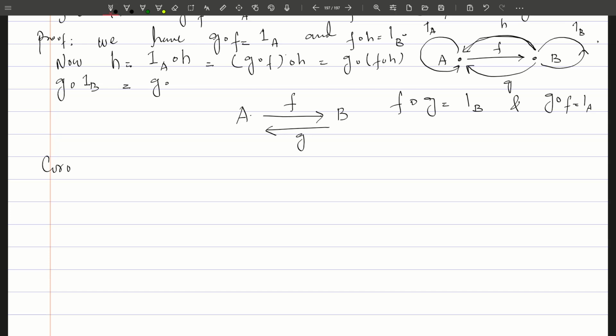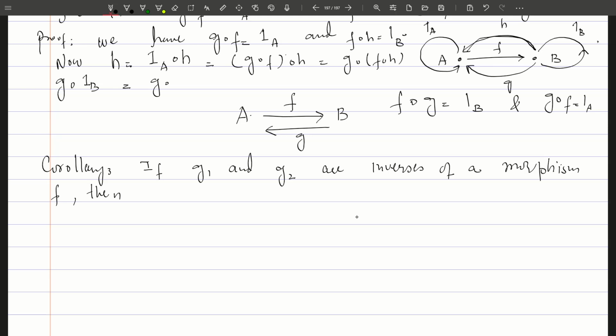So we have a corollary, and this states that if G1 and say G2 are inverses of a morphism, say F, then these morphisms G1 and G2 are actually the same morphism.